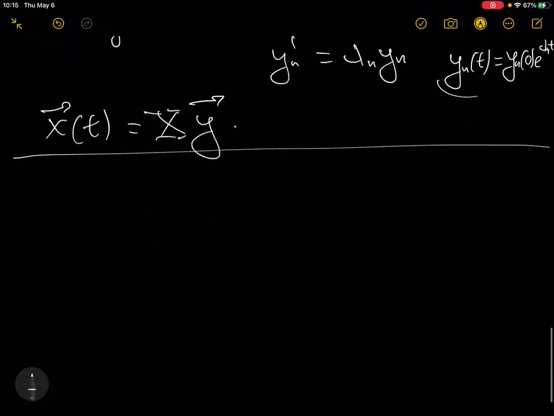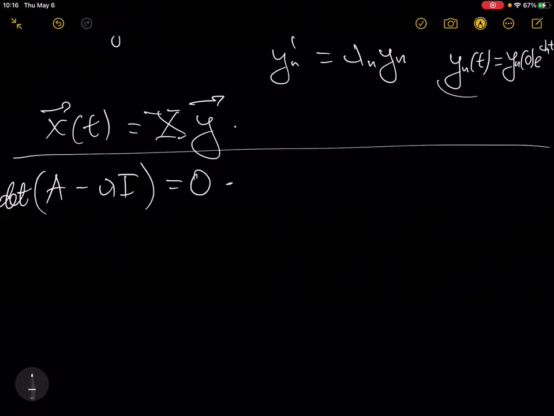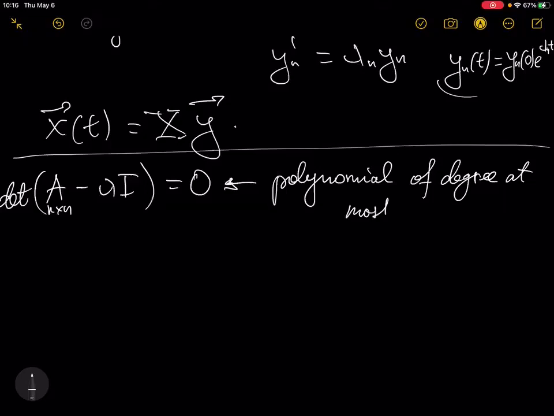Now let me tell you a little bit how to simplify computing the eigenvalues. Let me remind you that for a matrix A, you use this, right? In one of your homeworks, you have proven that for an n by n matrix this is a polynomial of degree at most n.